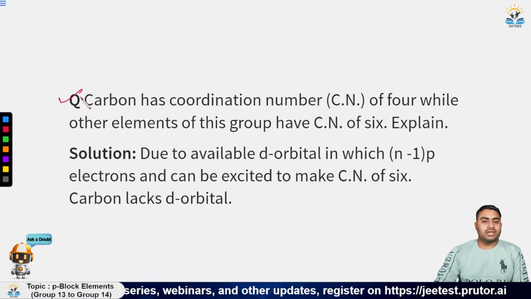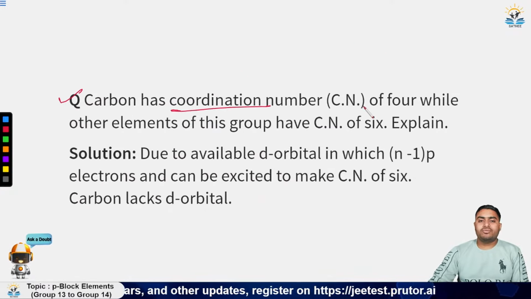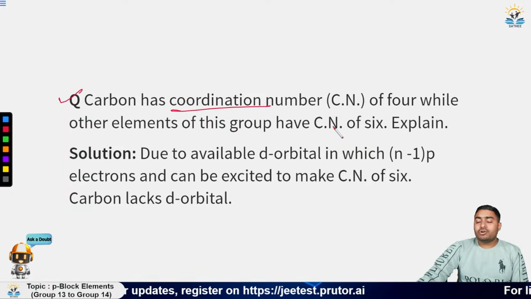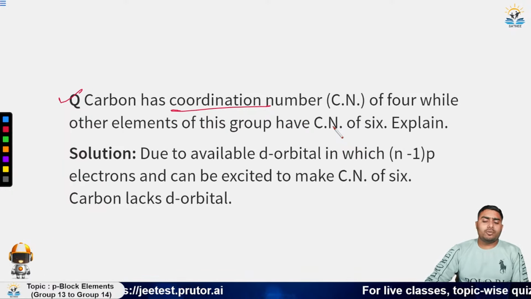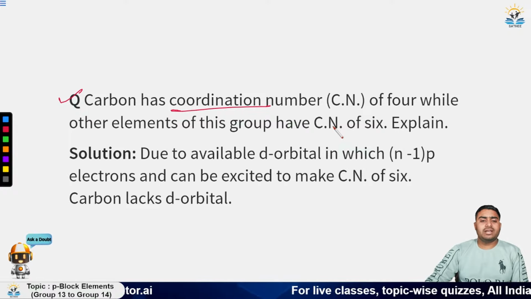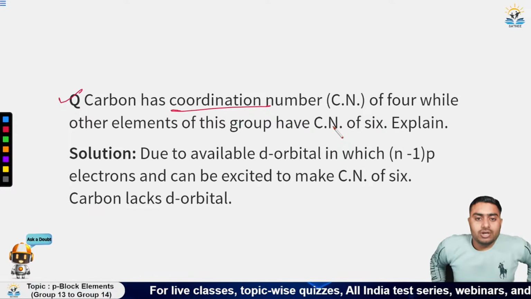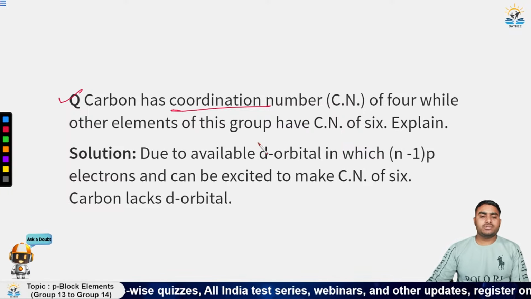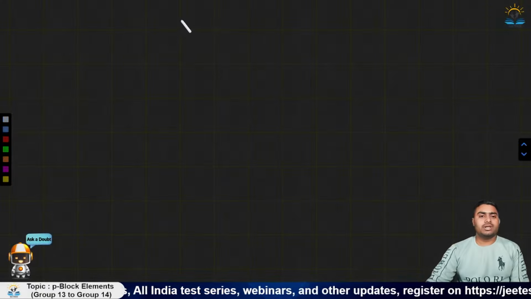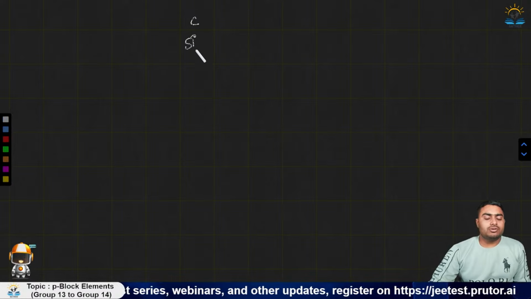Let's move to the next question. Carbon has a coordination number of 4 while other elements of this group have a coordination number of 6. Why? Due to available d orbitals, in which n-1 p electrons can be excited to make coordination number 6, carbon lacks d orbitals. In other elements, suppose you are taking carbon and then silicon.